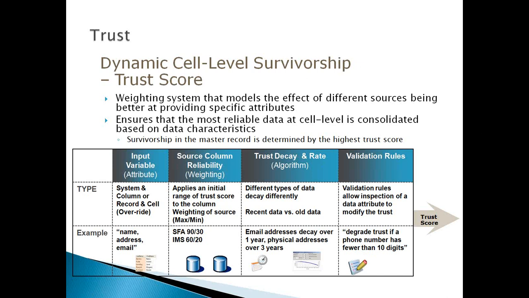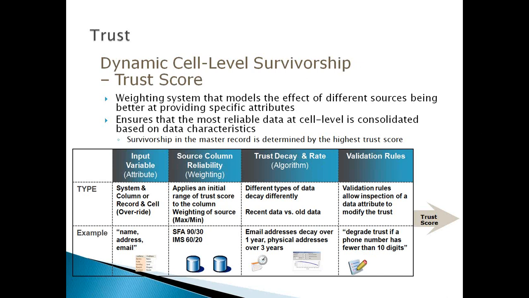But this trust is only used while we are making master records, right? When we give the master records back to the user, we don't tell them this trust is this much, right? Yes. Trust is basically applied by MDM in a next scenario that we'll see. Trust is basically applied only in two scenarios.